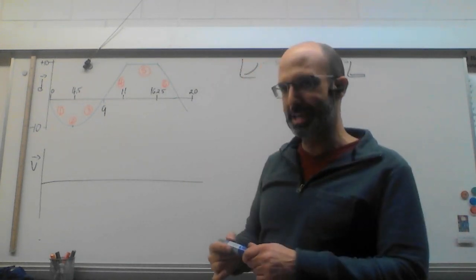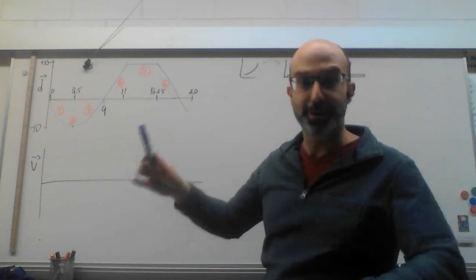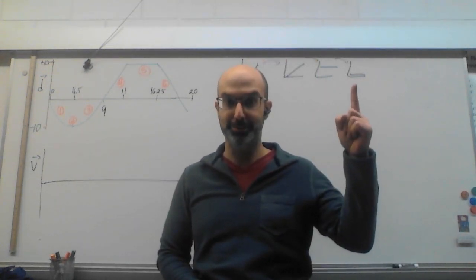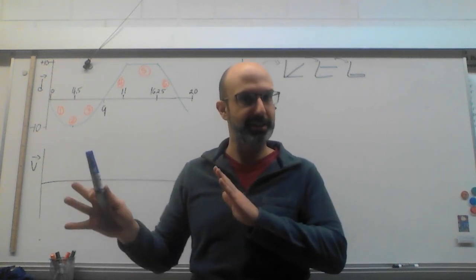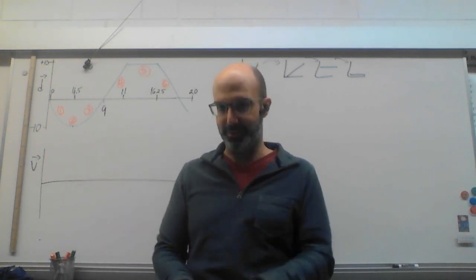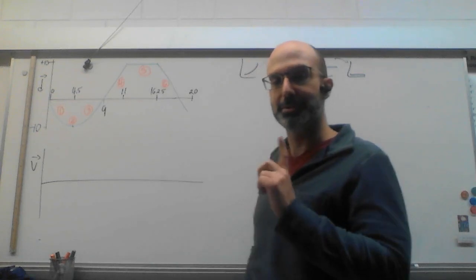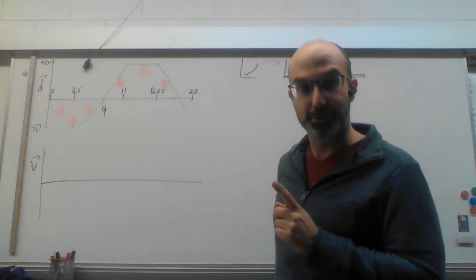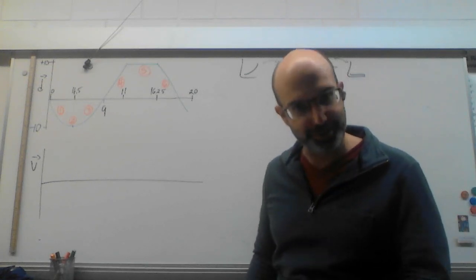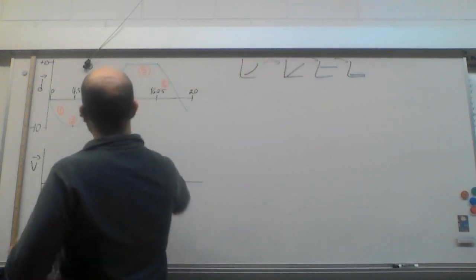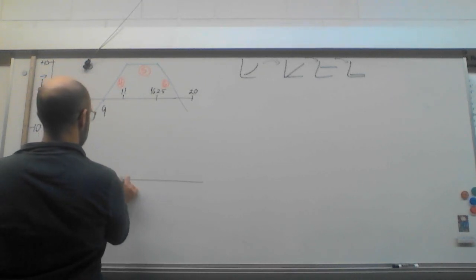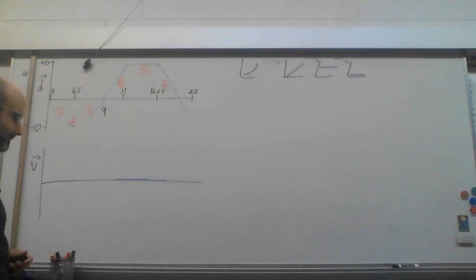Okay, we'll do the easy ones first. 2 and 5. Those are both flat lines, so they become 0, right? Because on a position graph, flat line means not moving. So on a velocity graph, they're not moving. But I have to mark them as not moving. Not moving on a velocity graph, how do we show that? We put it at 0. There we go. So 5 is easy. 5 stretches across this whole section here, just like this, across the axis.